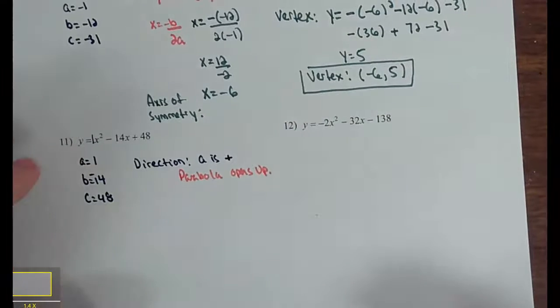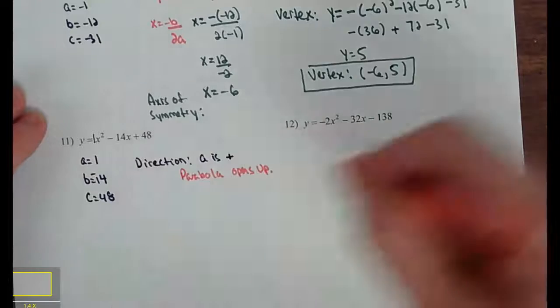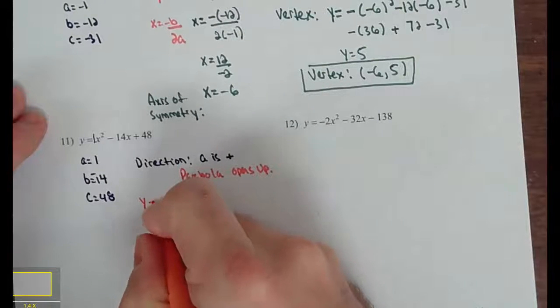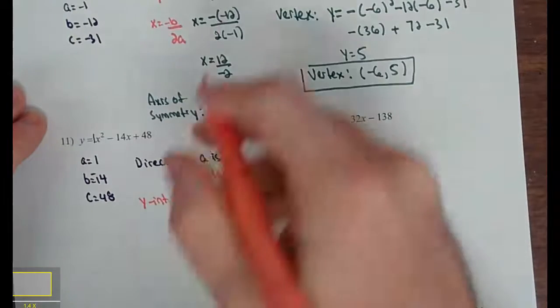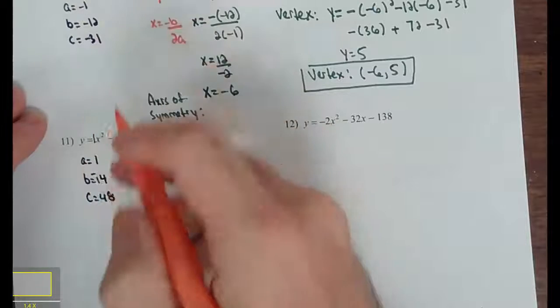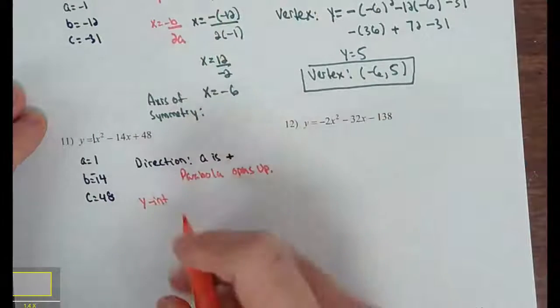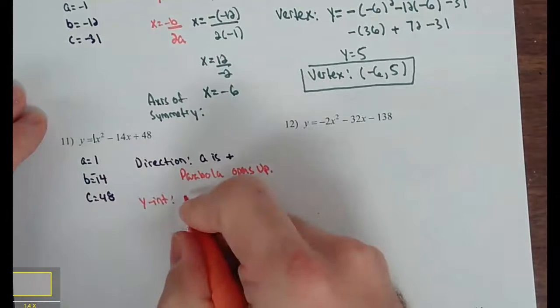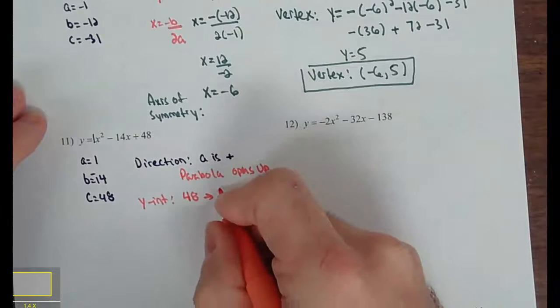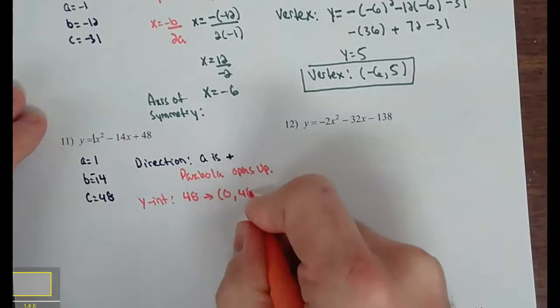Next we can find the y-intercept. The y-intercept is c, and in this case c is 48, so my ordered pair is 0, 48 for the y-intercept.